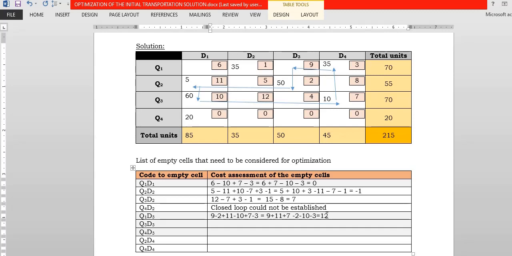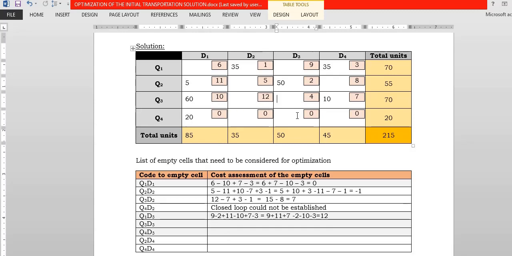Then from there, we go to Q3, D3. So again, we repeat the procedure. Q3D3 is up here.